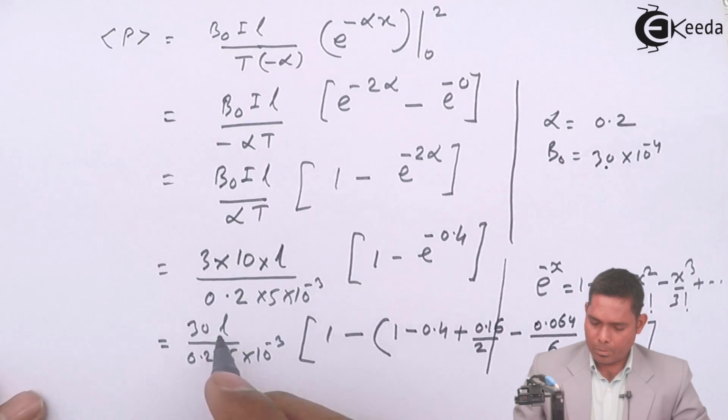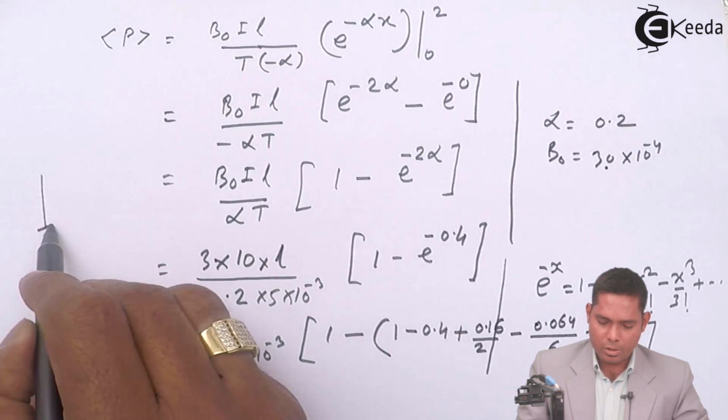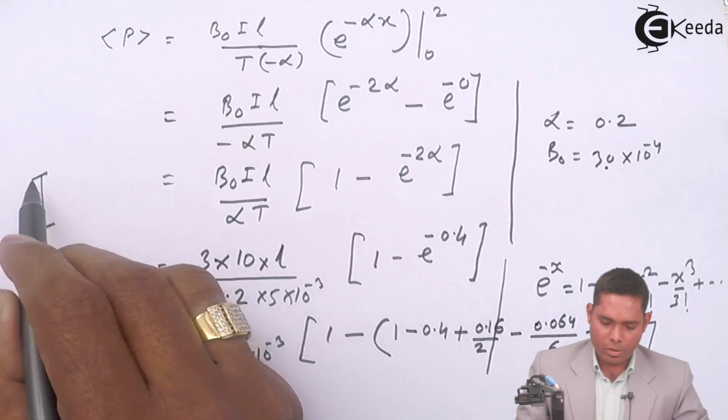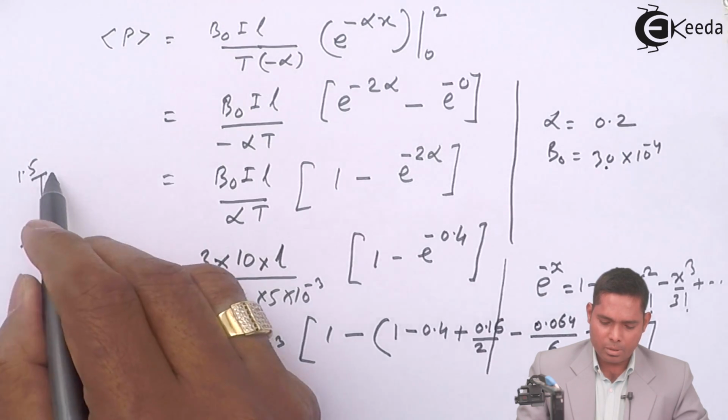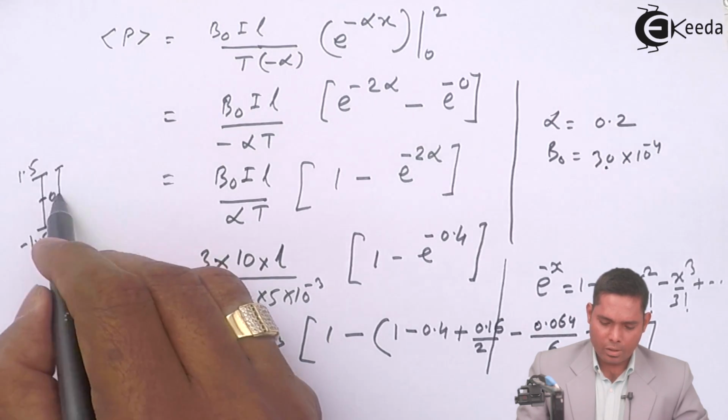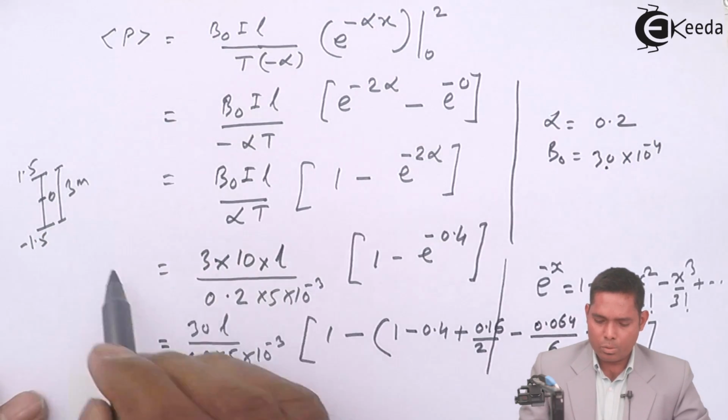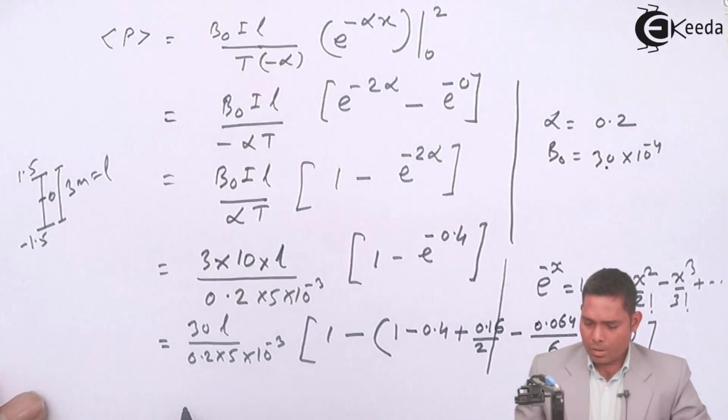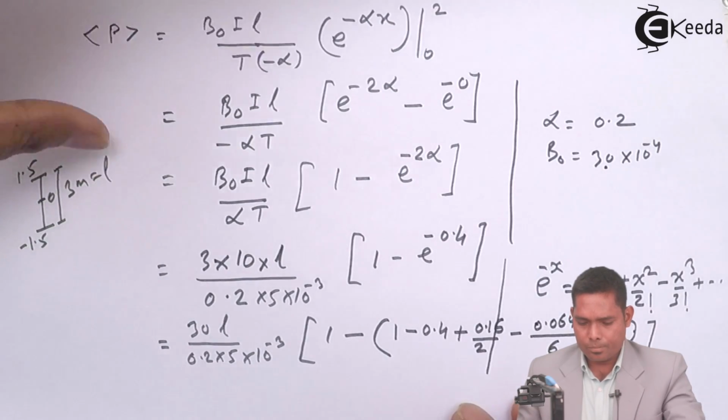The length of the conductor was minus 1.5 to 1.5, and the length comes out to be 3 meter. So I can put this length as 3 meter over here, and what I will get?